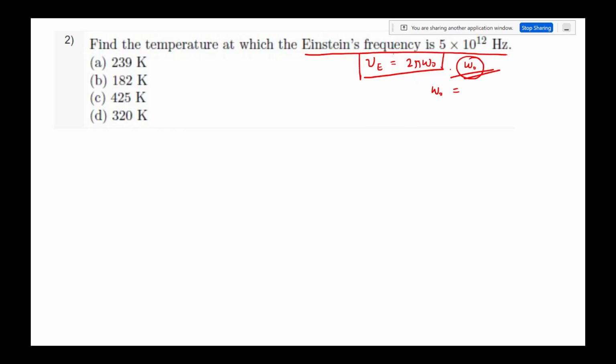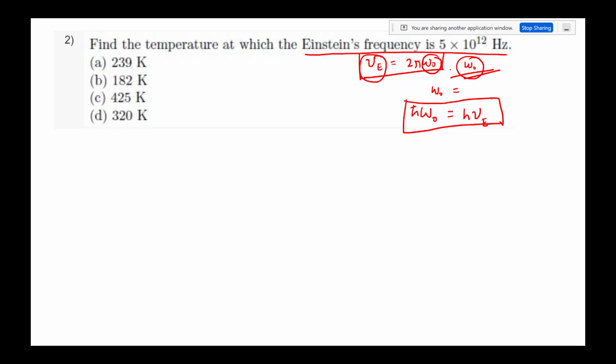By saying Einstein frequency, the questioner has given this frequency, not omega naught. So in my calculation, it is h bar omega naught, which will give you a similar value to this. Is this clear? Is the point clear?